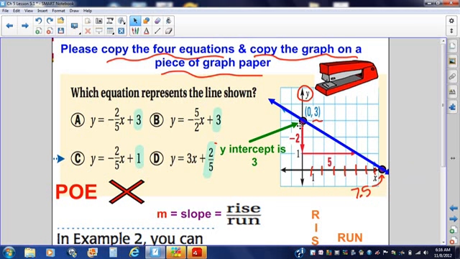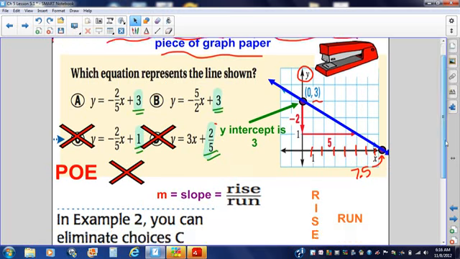So I'm going to use a little bit of process of elimination. This is a y-intercept of 3. This is a y-intercept of 3. This is not a y-intercept of 3, and this is not a y-intercept of 3. So I want you to cross out C and D on your paper. Now I'm down to two choices.